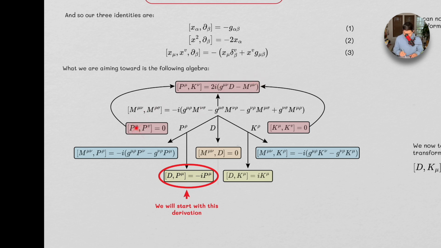We have our p mu. These are one of our conformal operators, right? This is our momentum operator, or something akin to our momentum or translation operator. So we have p, and then k is our special conformal generator, and that's going to be k here.